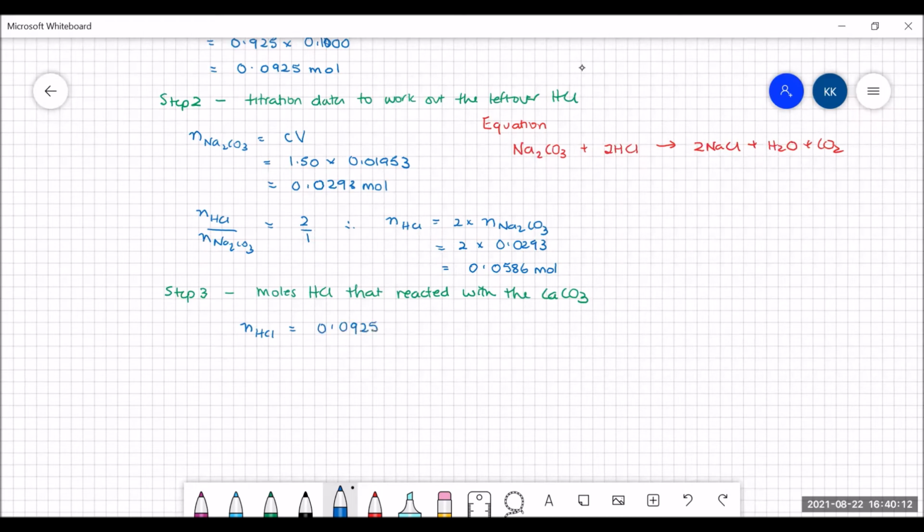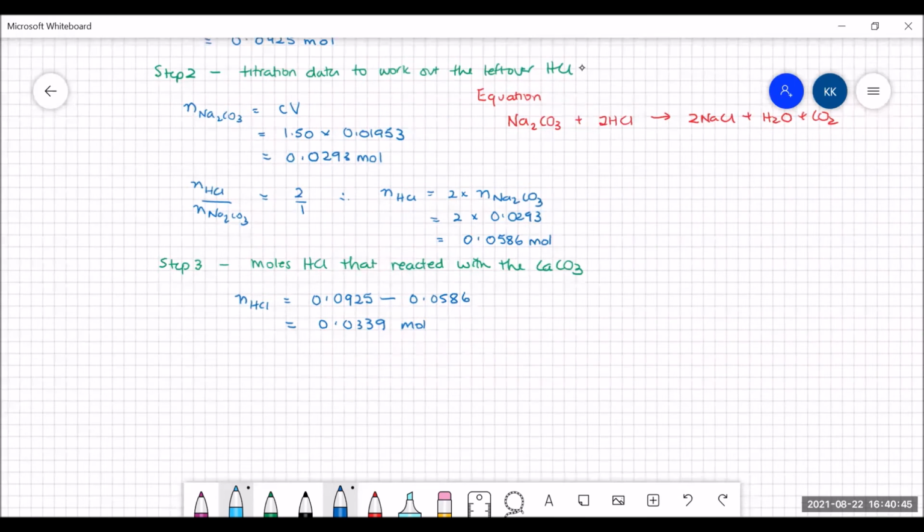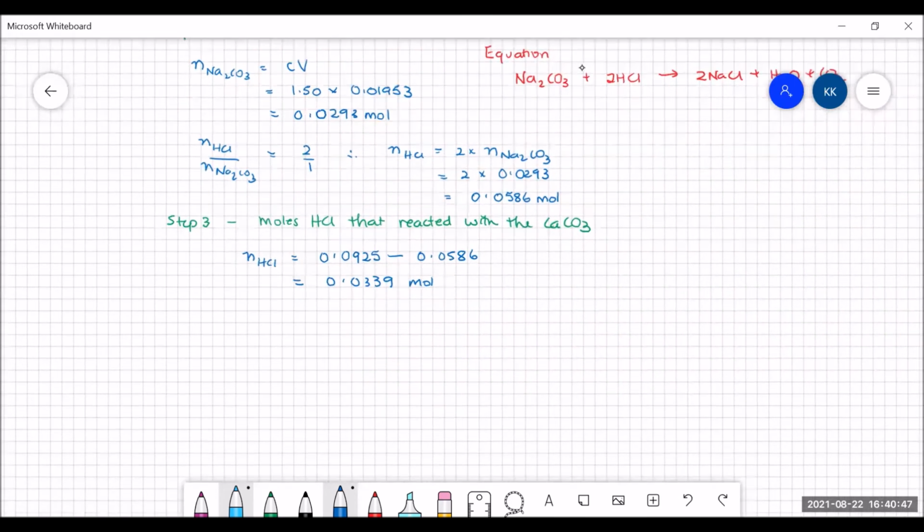And the amount that was left over was 0.0586. So the amount that actually reacted then was 0.0339 moles. And again, you would use here the full answer in your calculator, not the rounded off answer of 0.0586. All right, step 4 now. We're getting close now.